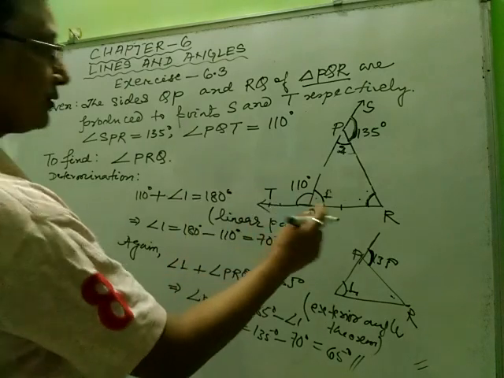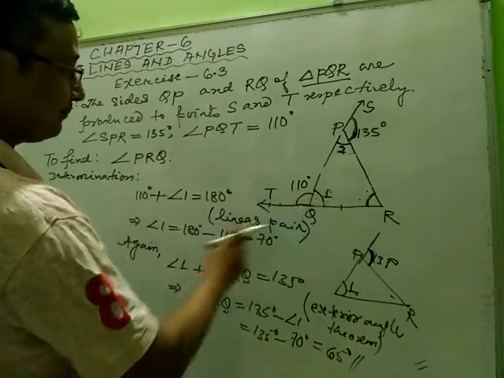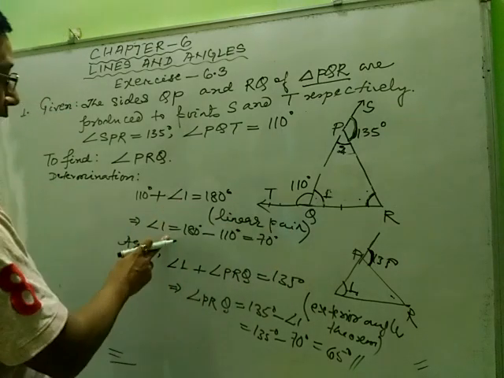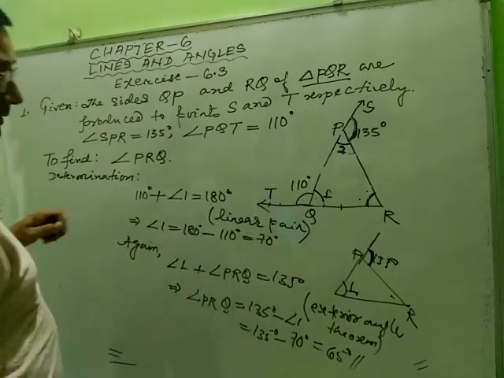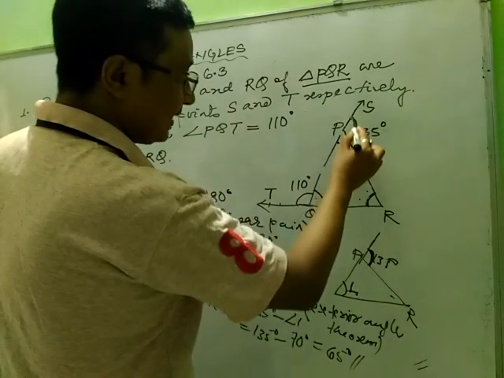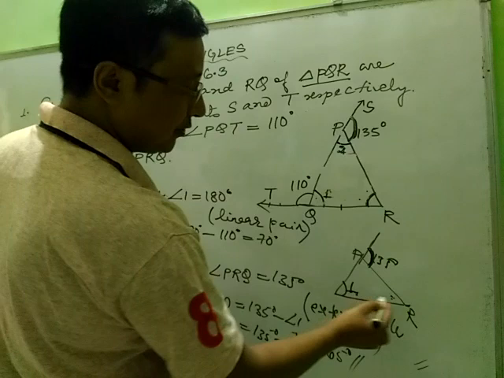So now again you see this plus this, you got 180 degrees, linear pair. So you got angle 1 as 70 degrees. Now this is the exterior angle and these are the interior angles.